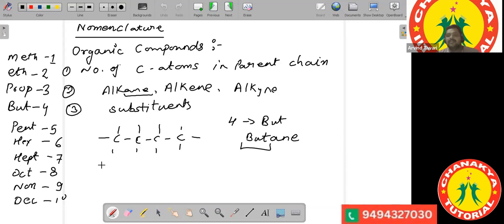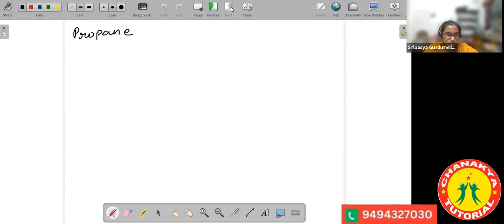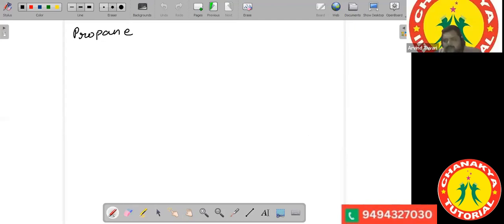Okay, Srilasya, can you show? Have you drawn the structure of propane? Yes, sir. You just show it. Okay.